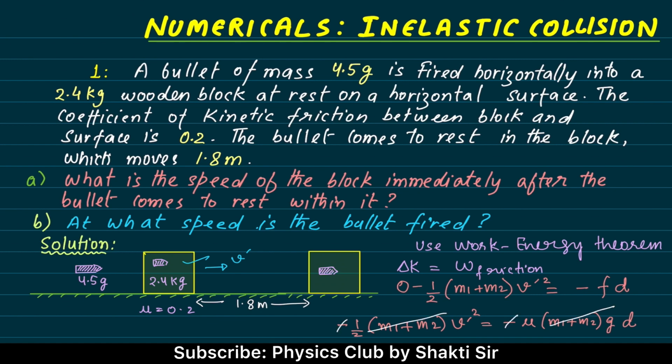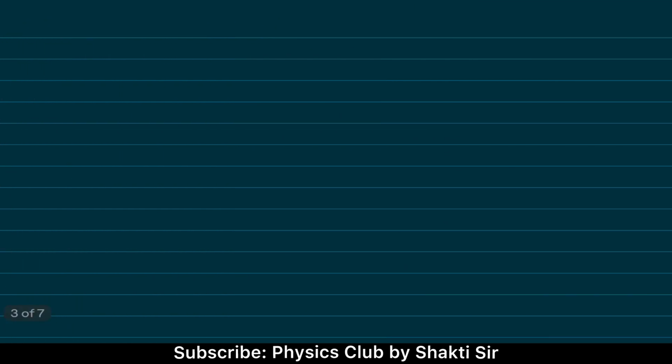So what you get is v dash square equals 2 mu g d. So v equals the square root of 2 mu g d. By putting in the suitable values, we can calculate the value of v dash.